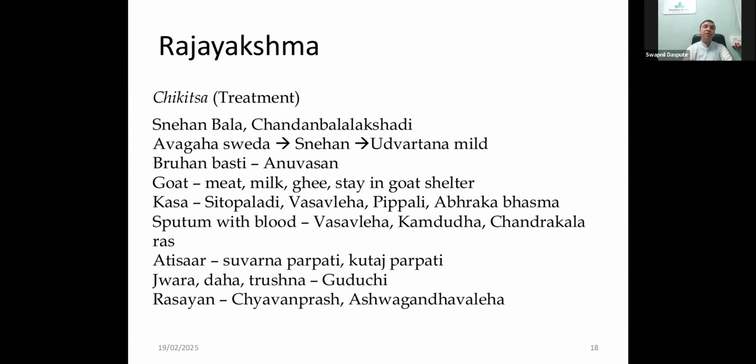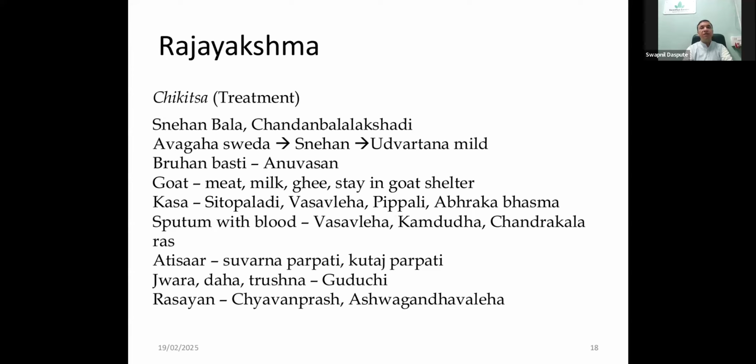So Snehana in all forms will help the patient. Especially Abhyanga will be very good; it has multiple benefits, which I'm sure you must have studied. In Rajakshma patients, or even in emaciation, Karsha, Abhyanga works very well. Bala oil or Chandan Bala Lakshadi oil can be used.